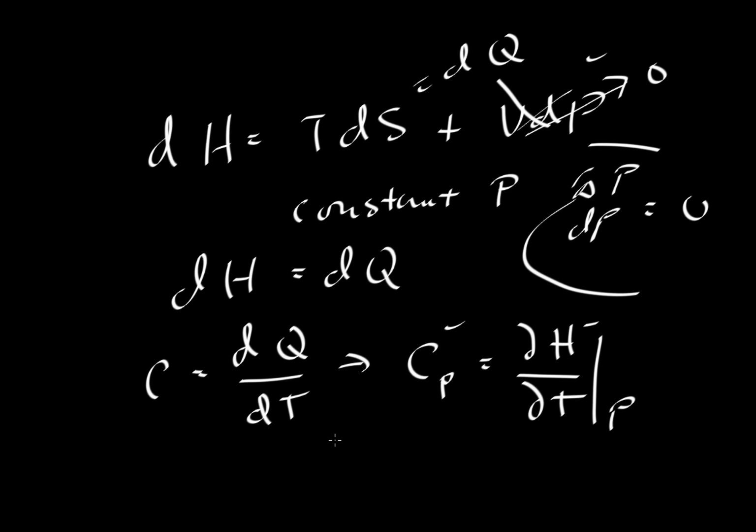And the way we would usually do this in experimental studies is we would actually have a finite change in enthalpy over a finite change in temperature. But of course, this is all being done at constant pressure. So the C sub P, the heat capacity under constant pressure, this is the fellow we usually use in petrology, geochemistry, and various other places in the chemical world.